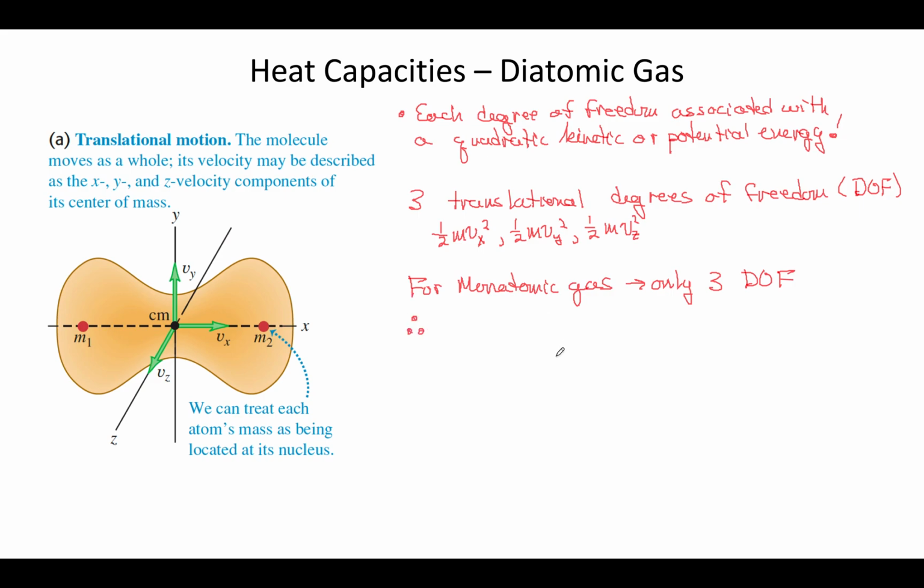Therefore, each molecule has 3 halves kT energy. Essentially, the energy per molecule is now 3/2 kT because it's 1/2 kT for each degree of freedom. A monatomic gas only has 3 degrees of freedom.